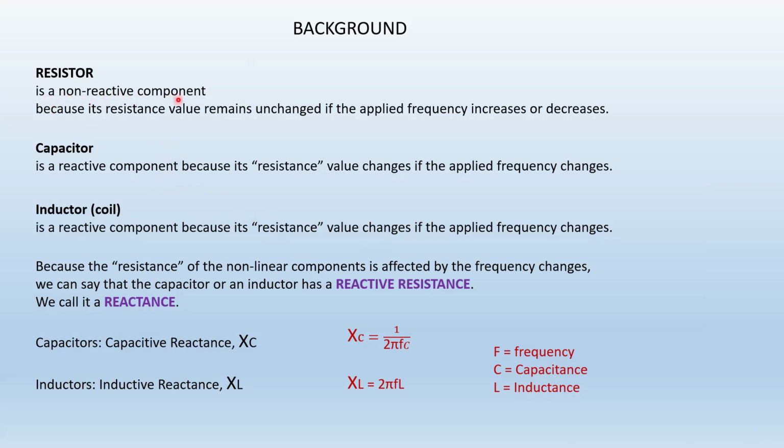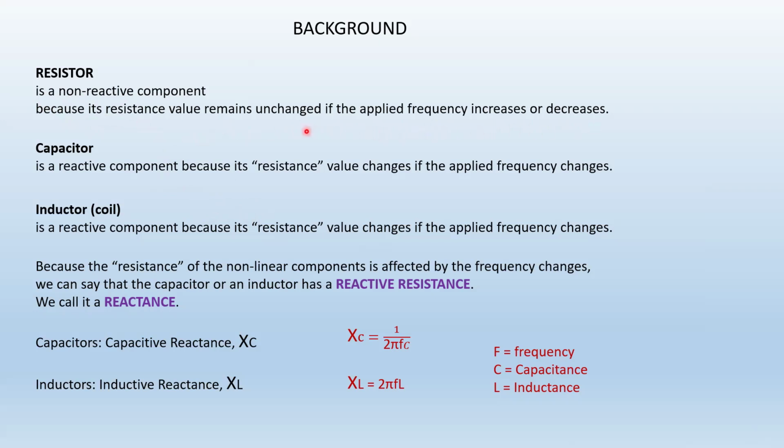A resistor, we consider as a non-reactive component, right? Because its resistance remains unchanged even if the applied frequency increases or decreases. So it doesn't matter what frequency you apply to a resistor.